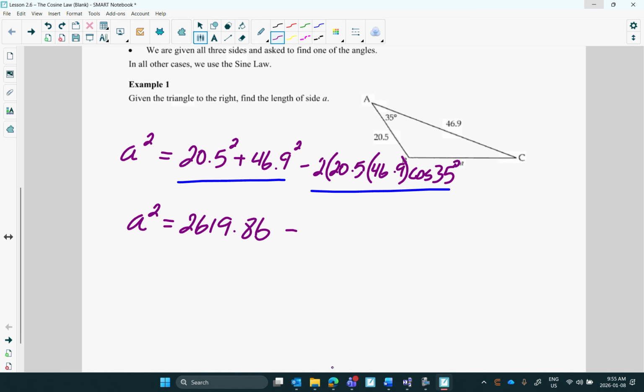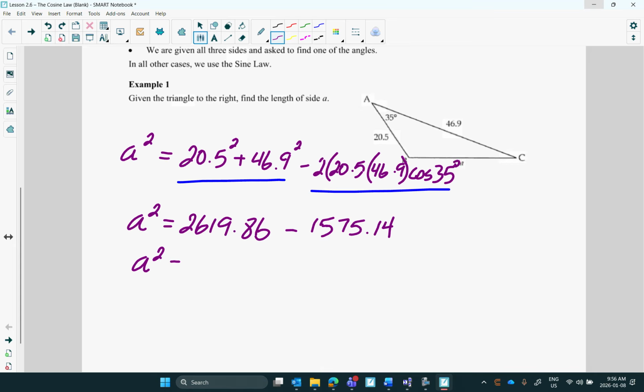Minus, and then I'm going to multiply all this together and round it. Since this is 2 decimal places, I'll round this answer to 2 decimal places. I get 1,575.14. So then it's just a matter of subtracting, and taking the square root.